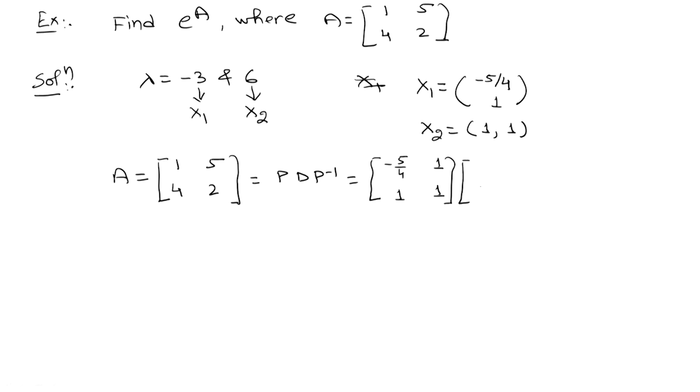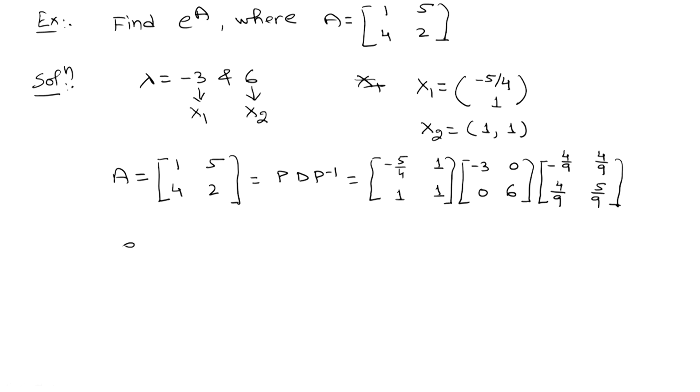Here D is lambda 1 which is -3, 0, 0, lambda 2 which is 6, and then P inverse is -4 upon 9, 4 upon 9, 4 upon 9 and 5 upon 9.